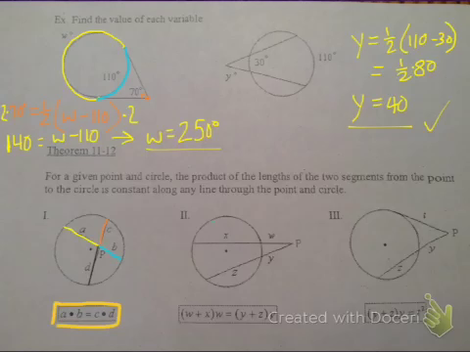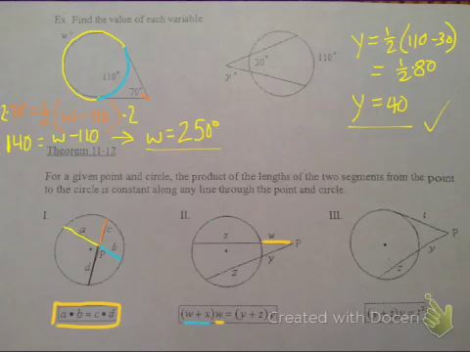Okay, scenario number 2. Instead of chords, we've got secant segments. They intersect outside of the circle. So what this says is that instead of the product of the parts, we've actually got a part. So W is the outside part of that segment times the whole.